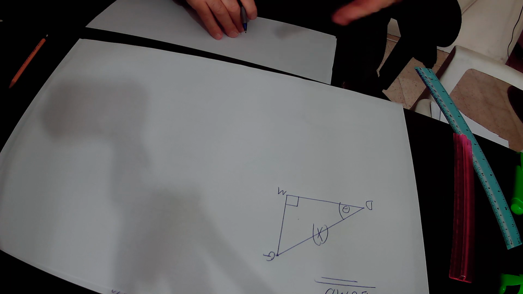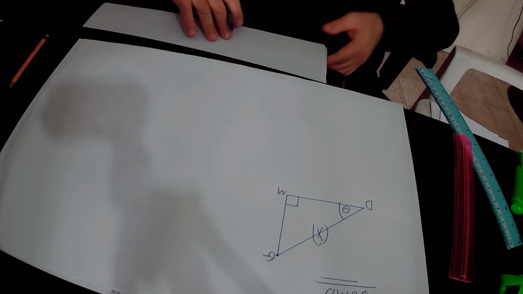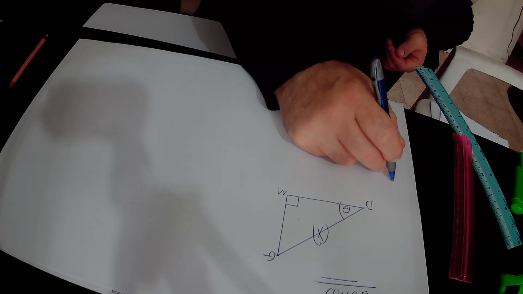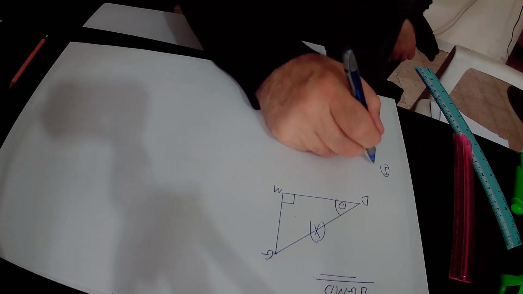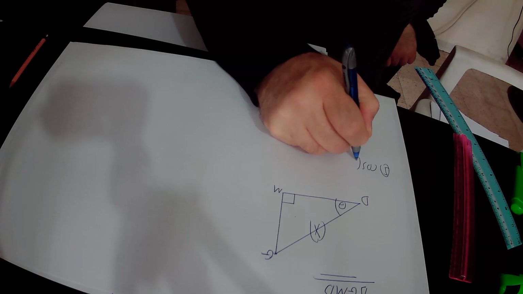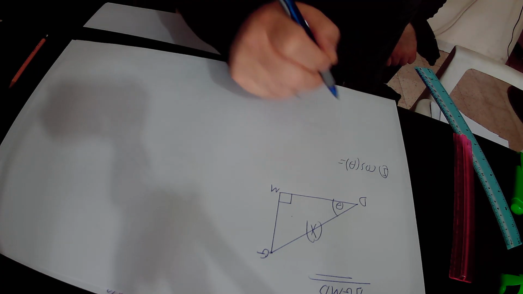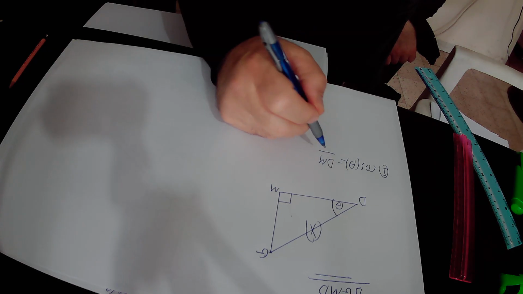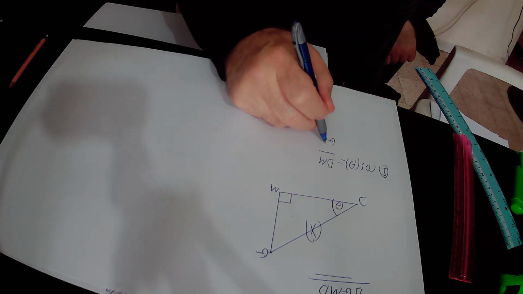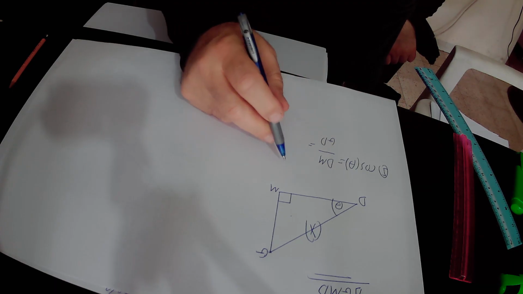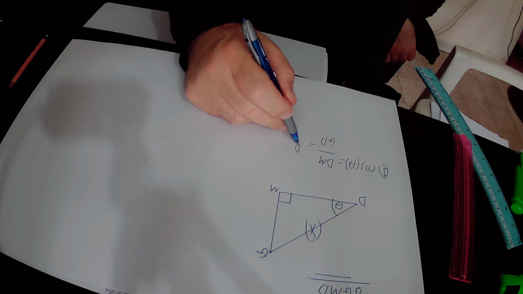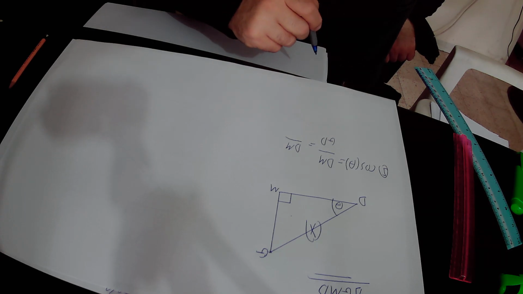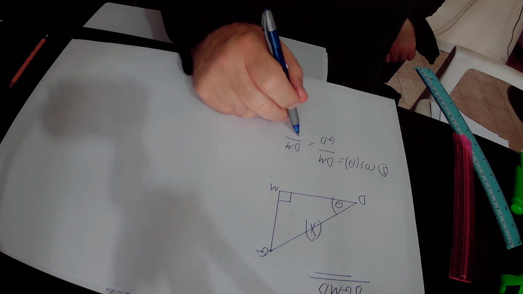From the drawing it is very easy to see that cosine theta equals DM over GD. So cosine theta equals DM, the missing side, which we leave as it is, over GD. GD is x, according to what is given in the question, so we substitute GD by x.